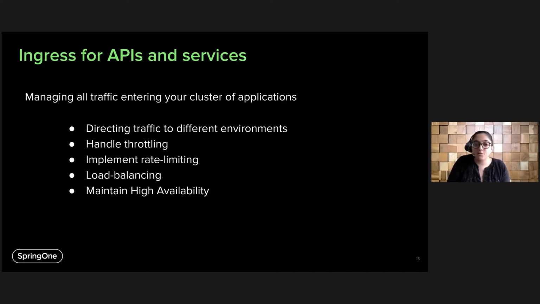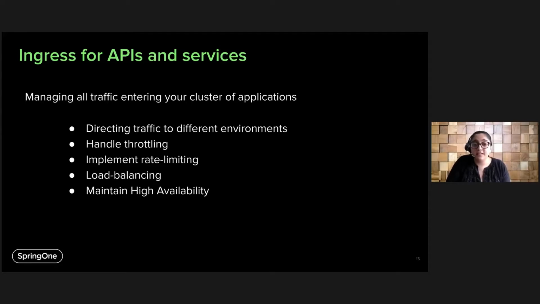So an API management focused gateway is useful for collecting cross-cutting concerns. But what happens when you start worrying about managing all of the traffic entering your cluster of applications?